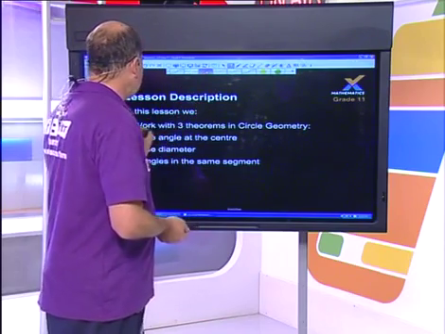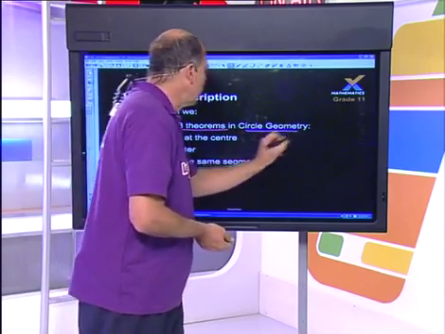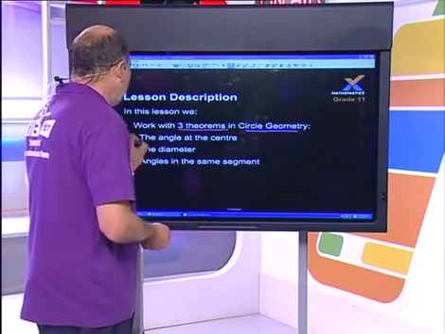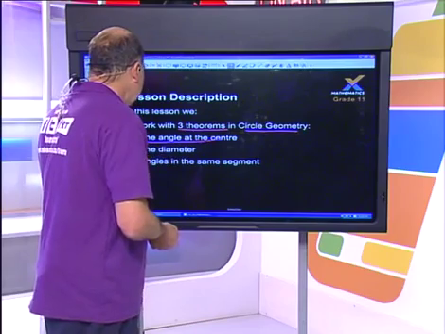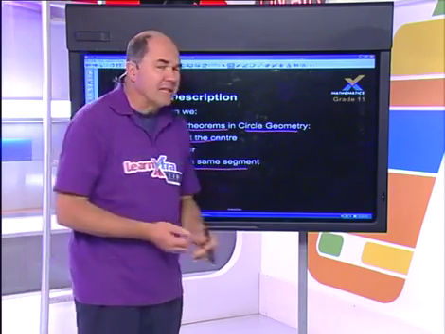We're going to work with 3 theorems in circle geometry: the angle at the center, something about the diameter, and the angles in the same segment. Those are all about circle geometry.